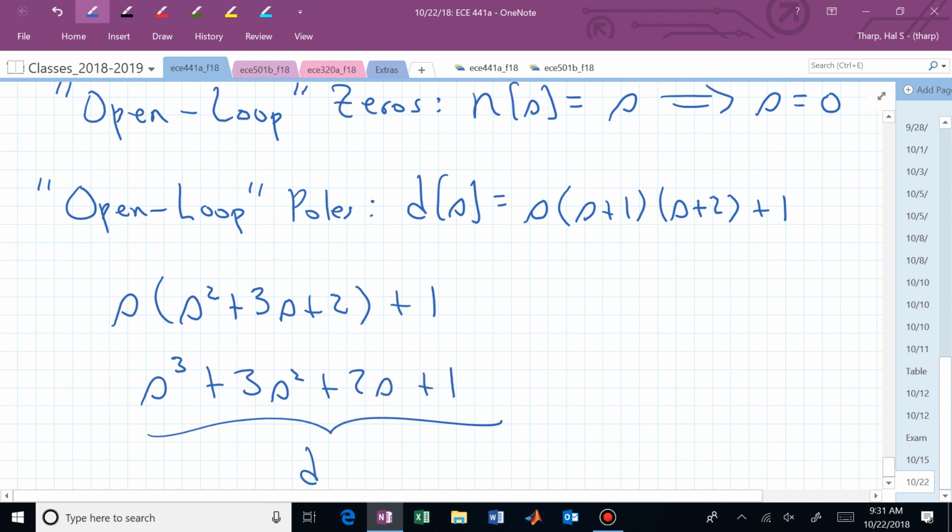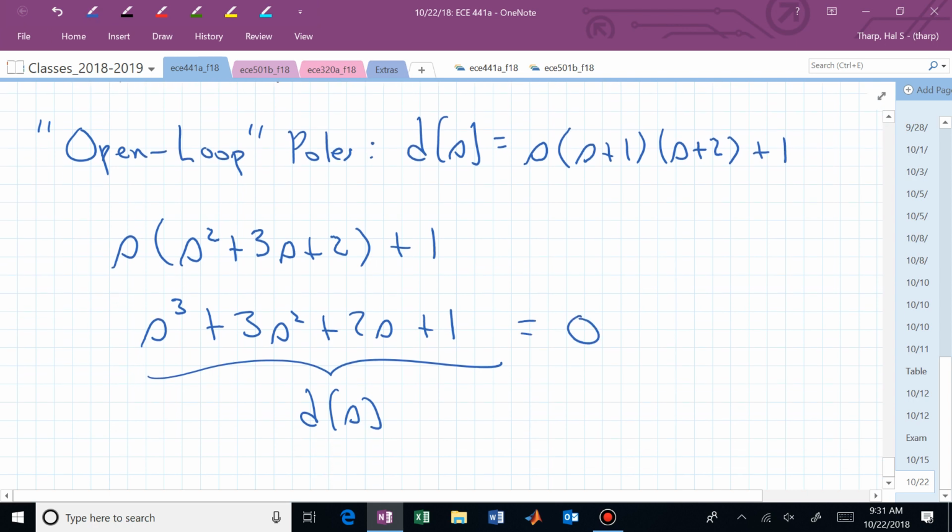This is now our d of s. If we set that equal to 0, what values of s cause that to vanish?